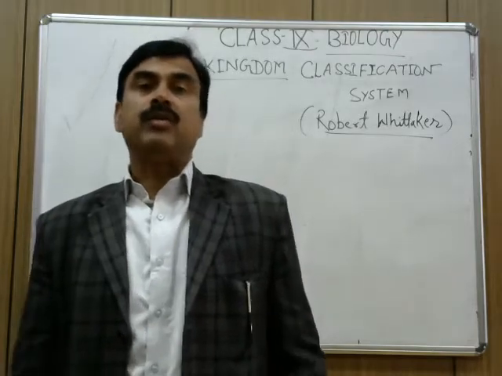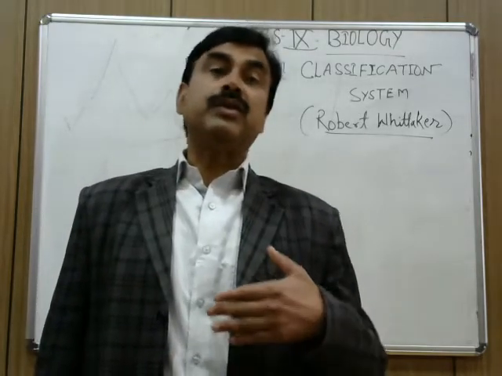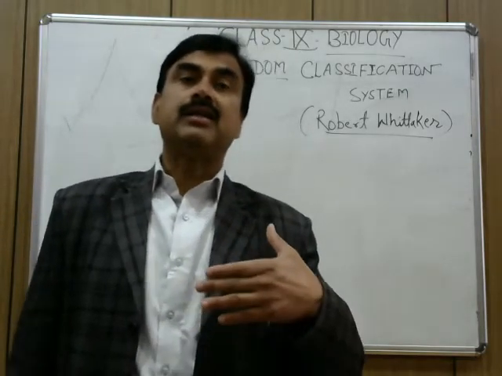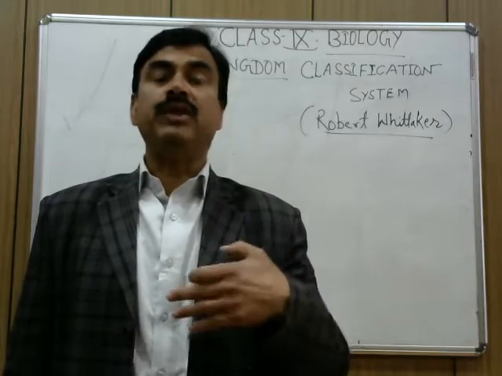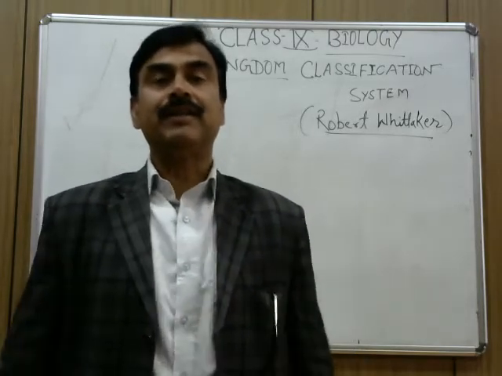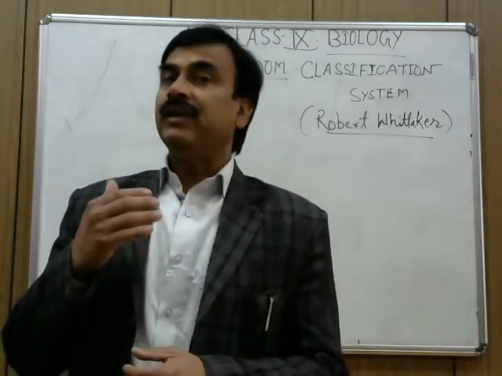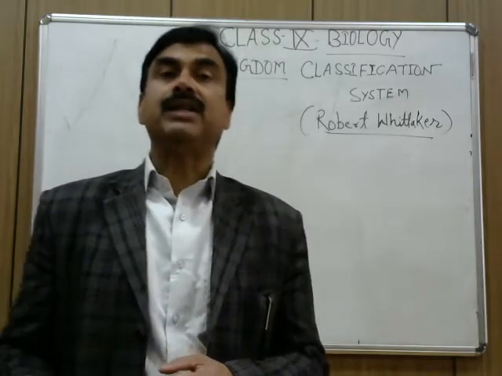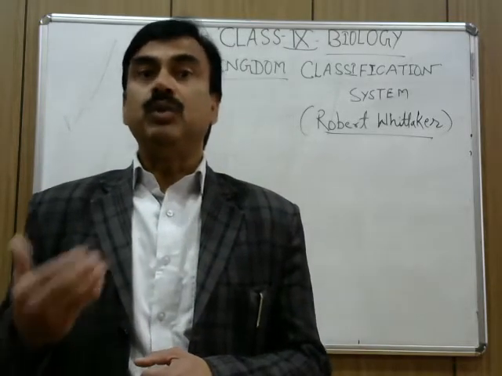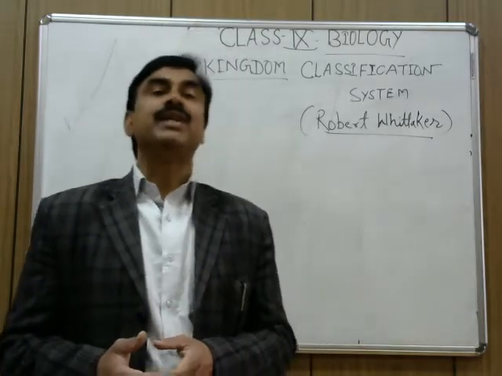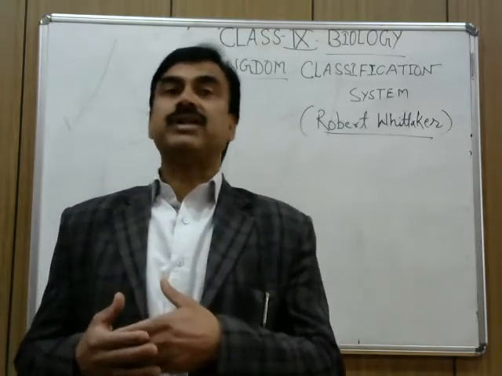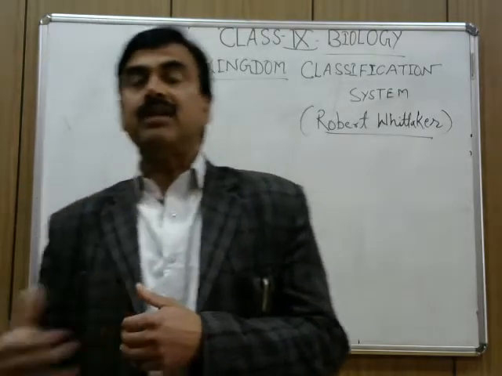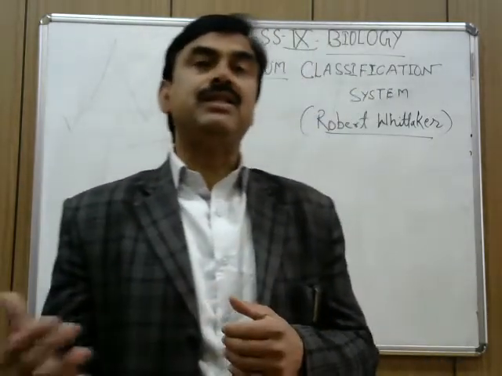Now, moving towards scientific naming, I already told you that there are certain rules, regulations, and international codes for binomial nomenclature. In nomenclature, we always name all plants and animals with two names. Every scientific name is made up of two words. The first word represents the genus name, and the second word represents the species name.